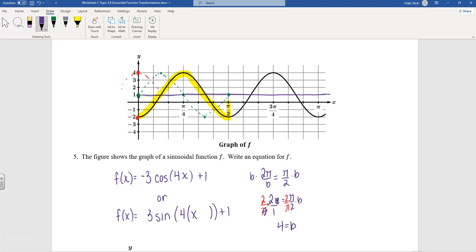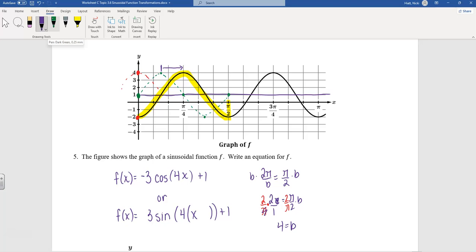So I would need to shift this graph to equal the graph that we're looking for. So this green dotted graph would have to be shifted. Really, I could do the right or left, but I think it's easier to see the right because I like to try to match my maximums up there.